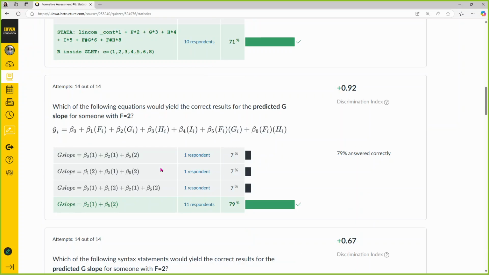Okay. Next one. Which of the following equations would yield the correct results for the predicted G slope for someone with f equals 2? I'm looking for the slope. Do I care what y is going to be when I'm done with this? No, I don't care what y is going to be. And if I don't care what y is going to be, then do I need b sub 0?